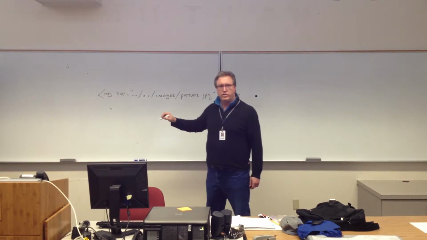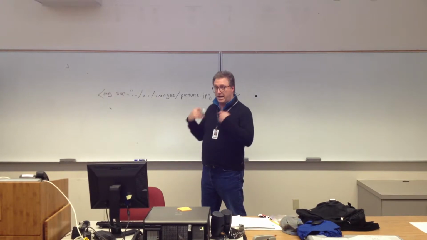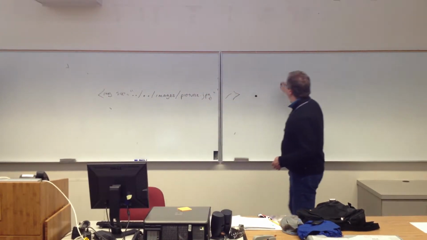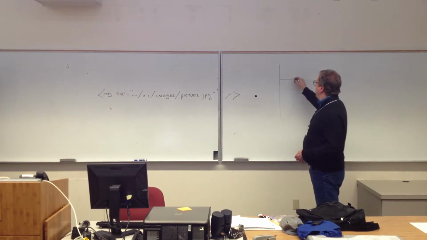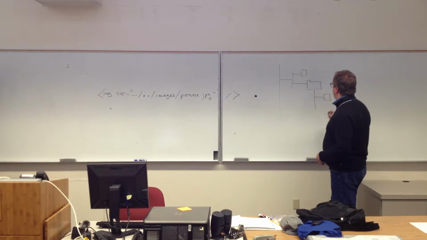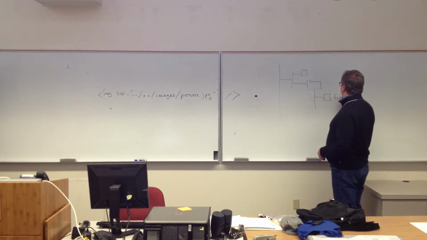I want to draw a tree that gets me from where I am, the current HTML file, to this picture file. So I'm somewhere in the tree, and here's a file, here's a folder, inside here is a file, and here's my file.html.